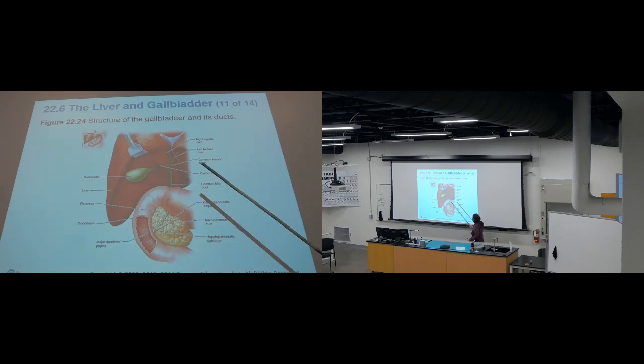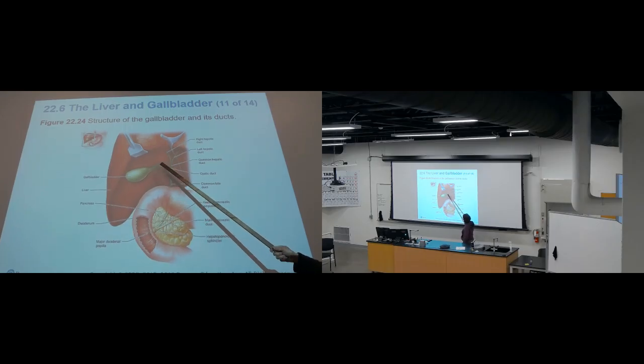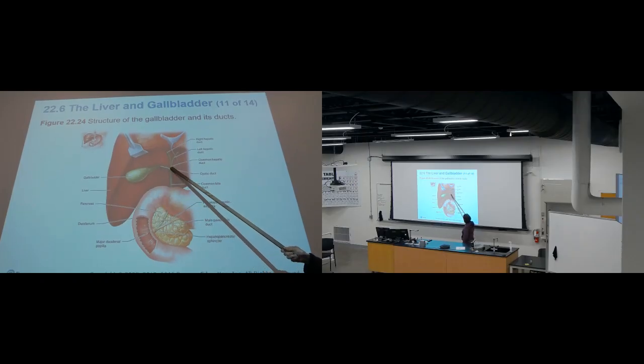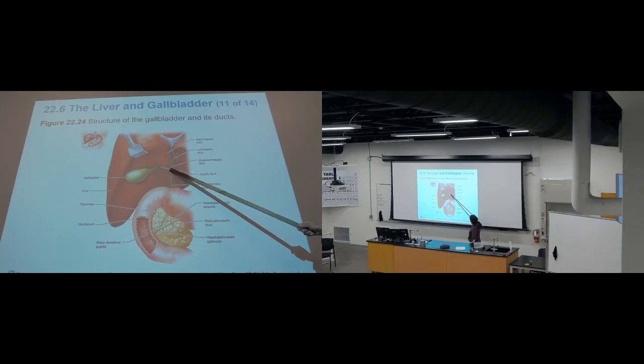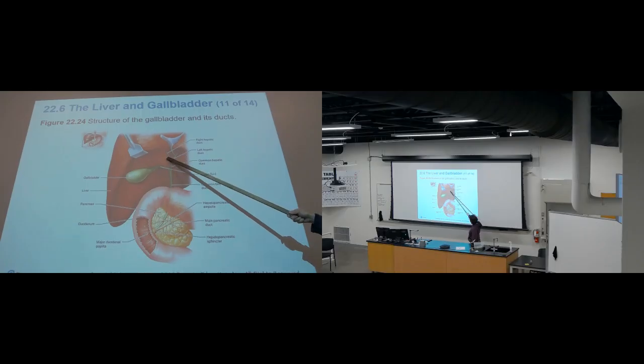So here is a retraction of the right lobe, so it can show you the gallbladder. So again, this is the neck, body, and fundus, and this is the cystic duct that merges to this common hepatic duct, which comes from the anastomosis of the left and the right hepatic duct.